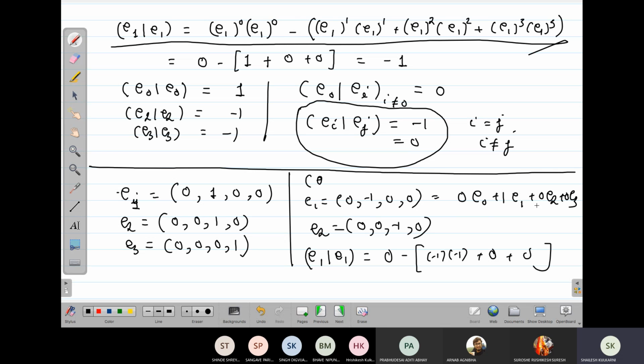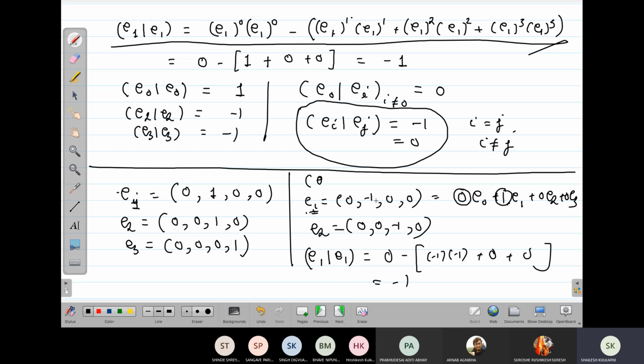So this is the component of this vector, E1 0, and this is the component E1 1, that is 1, and so on. Now you take the inner product, and you will get this equal to -1.